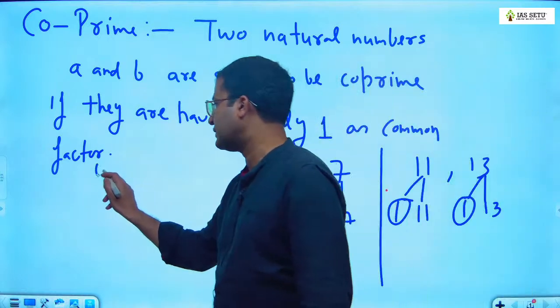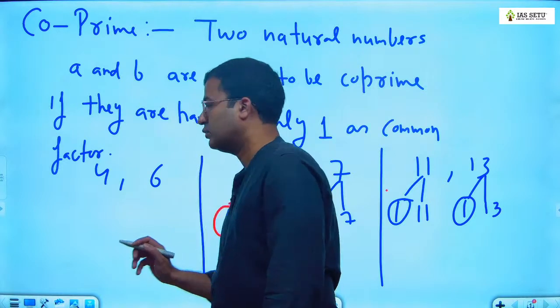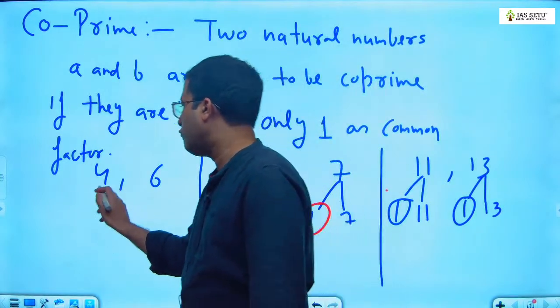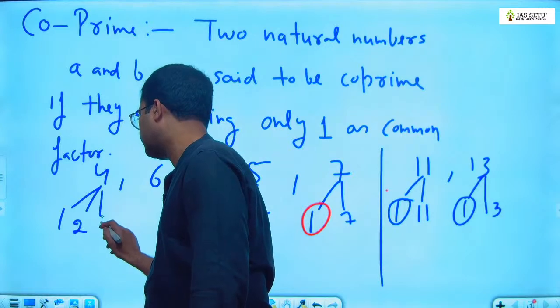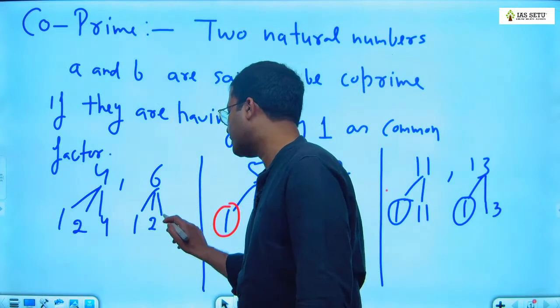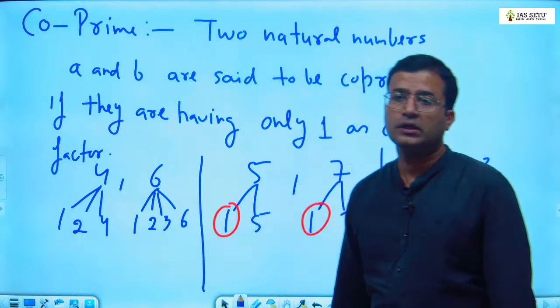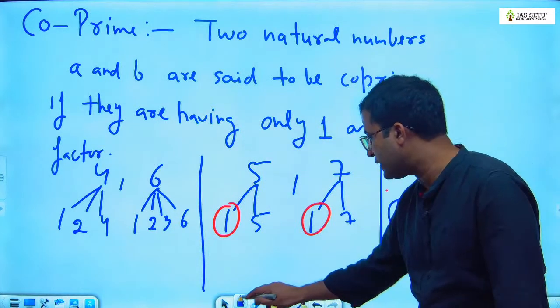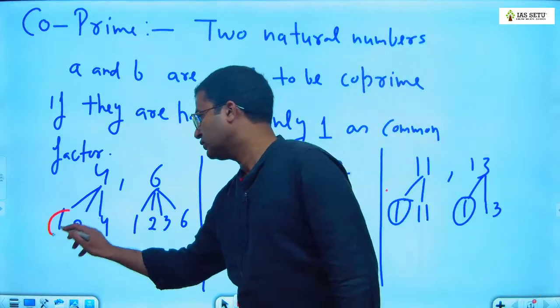I give one negative example so that we have a better understanding, like 4 and 6. What are the factors of 4? 1, 2, 4. What are the factors of 6? 1, 2, 3, 6. Can we see common factors 1 as well as 2?